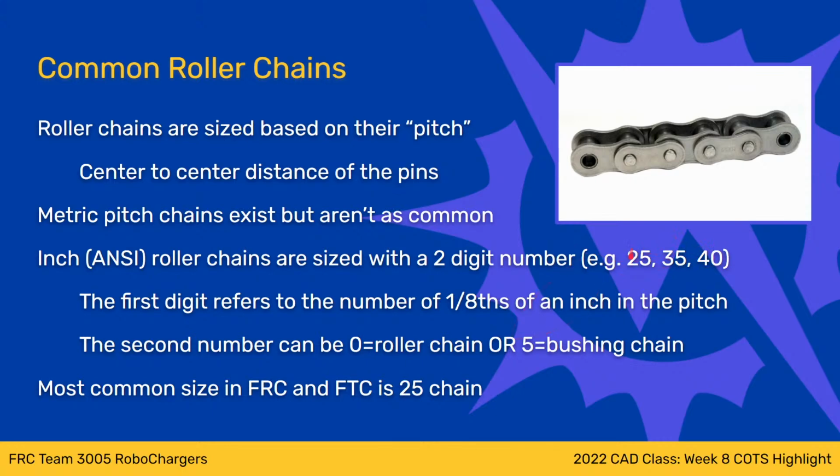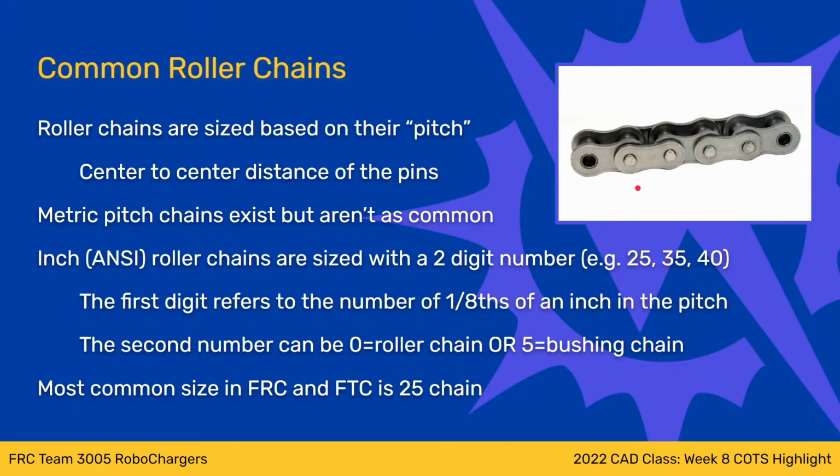If the first digit is a 2, that means 2/8 of an inch, or the pitch is 1/4 of an inch. 40 chain has 4/8 of an inch, or half an inch. That's what the pitch is, so the pin to pin distance is half an inch. 35 chain, it's 3, which is 3/8 of an inch.